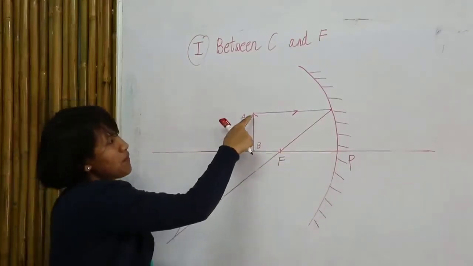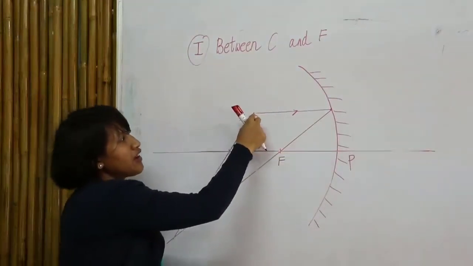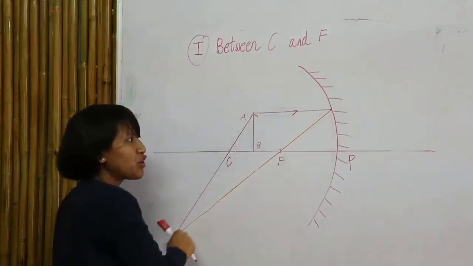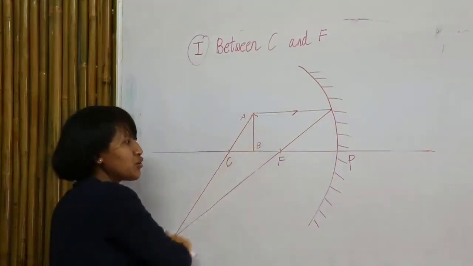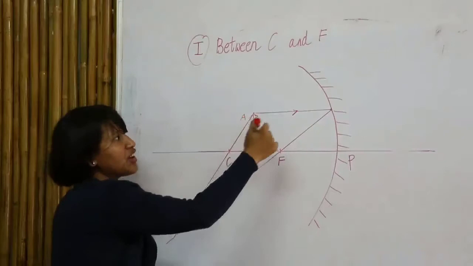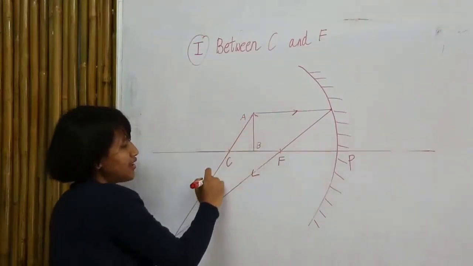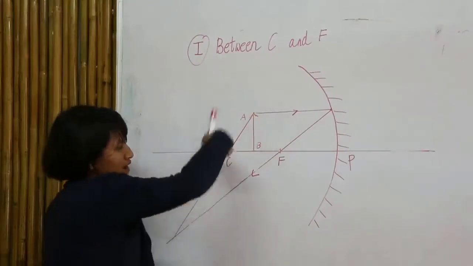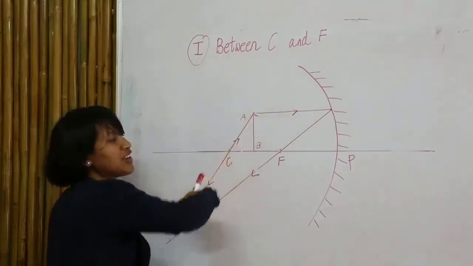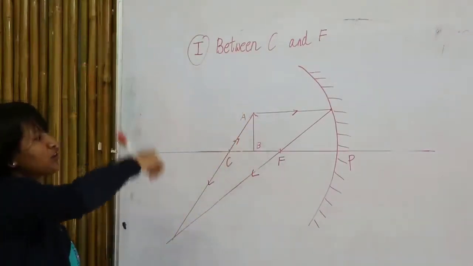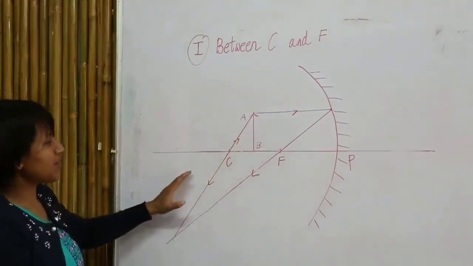Always remember when you draw a diagram, a parallel ray passes through the focus, and another through the center of curvature. So this will get reflected along the focus, and the other passing through the center of curvature is reflected along the center of curvature itself.